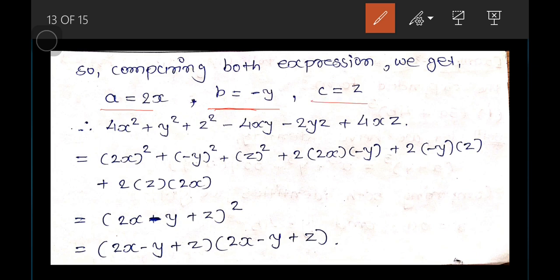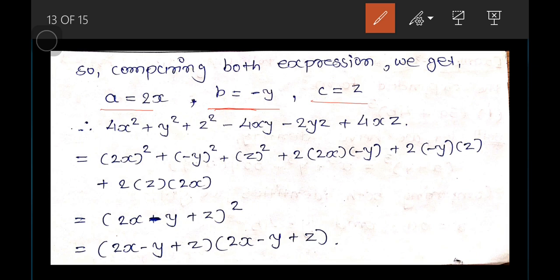Now we have the variables and also the identity, so we put these values in the identity. The given expression is 4x square plus y square plus z square minus 4xy minus 2yz plus 4xz.